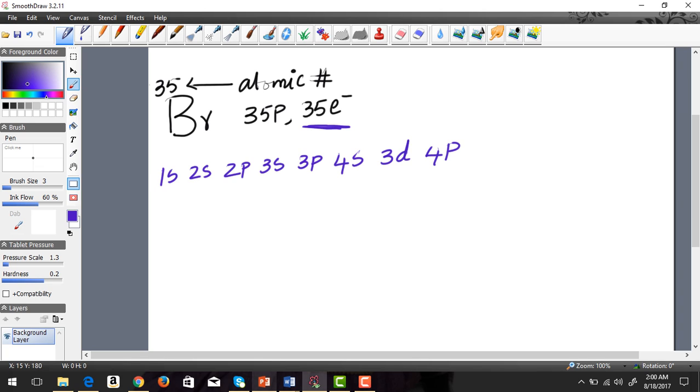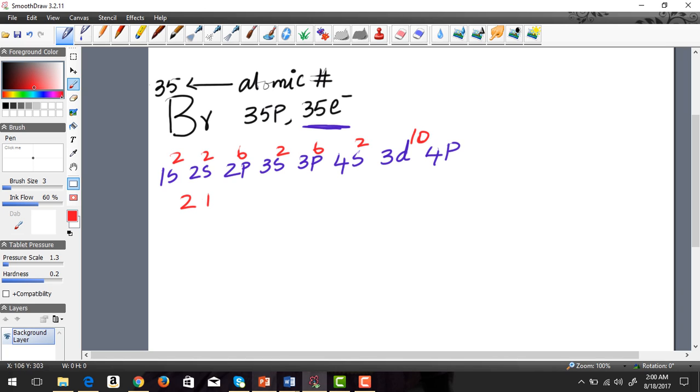All right, let me go back and get a different color for the electrons themselves. So I'm going to get the red, maybe the darkest red. All right, so we got 35, so we got to add 2, 2, 6, 2, 6, 2, 10, because D can hold 10. Now we do the math.